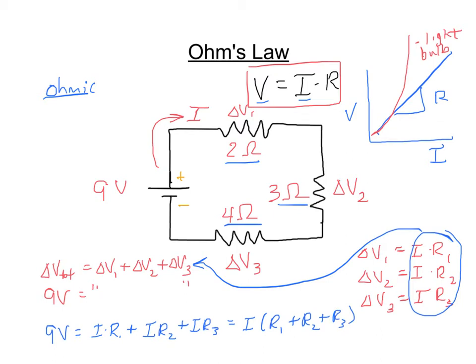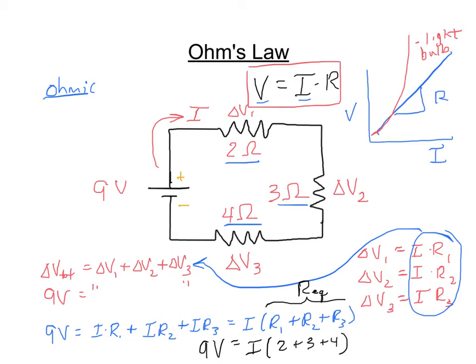What we're doing when we do that is finding something called the equivalent resistance. In a series circuit, the resistance of the circuit as a whole is equal to the sum of the individual resistors. I'm going to call this REQ. And when I put the actual numbers in there, that's just 2 plus 3 plus 4.